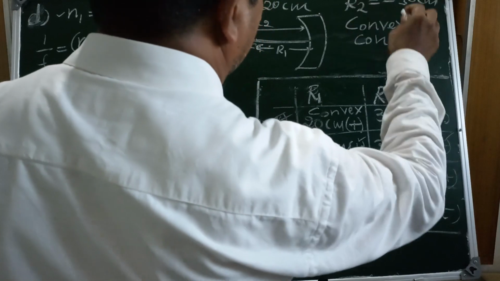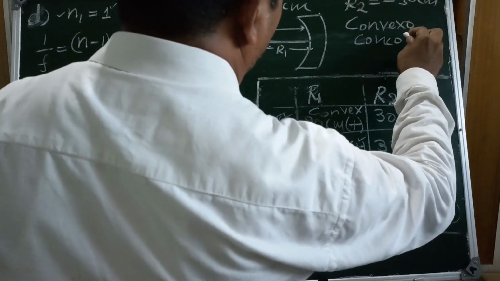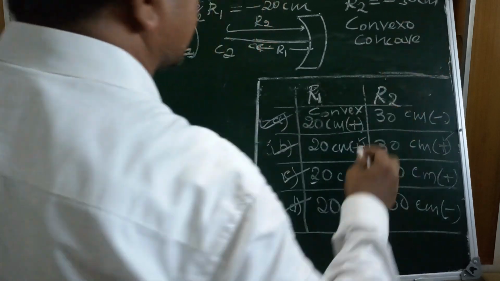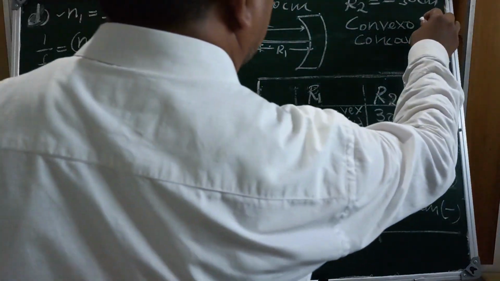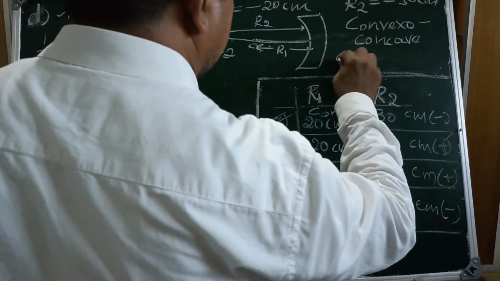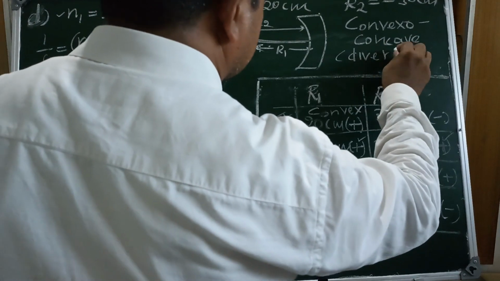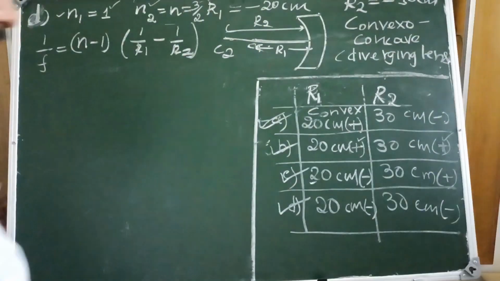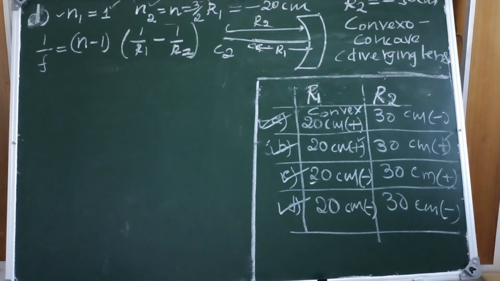Both R values are negative. If both R values are negative, we can immediately think it is a convexo-concave lens. If both are positive, we will think it is a concave-convex lens. And it is a type of diverging lens.